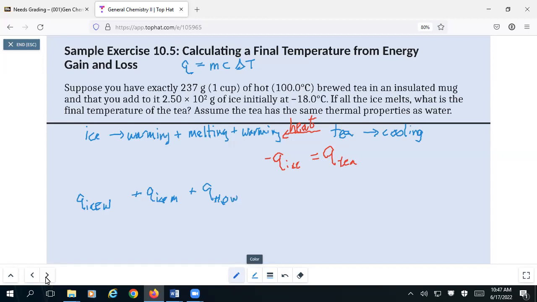All three of those processes are all happening. And that's going to be equal to the opposite of the heat for the tea.